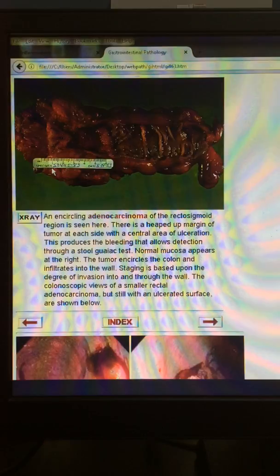And once the tumor reaches the serosal surface or perforates or becomes adherent to an adjacent structure, it is considered a T4 tumor. Okay, so the depth of tumor invasion is an important point to be considered in the diagnosis of colonic cancer.